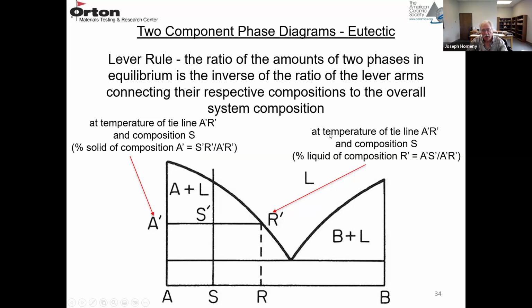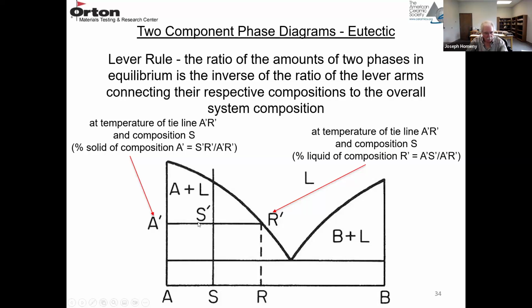for the same tie line and composition, so the tie line A prime, R prime, composition X, we can get the liquid of composition R prime. So this is the liquid composition where the tie line intersects this liquidus curve. So the percent liquid is just A prime S prime over A prime R prime.